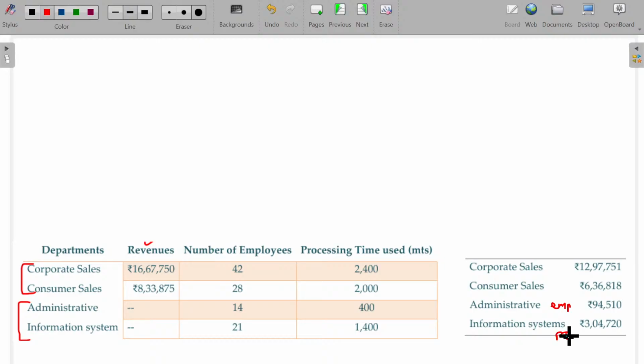This will be process time. And the ratio is also given here: 6, 4, 2, 3, ratio.